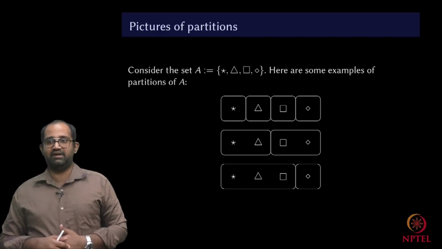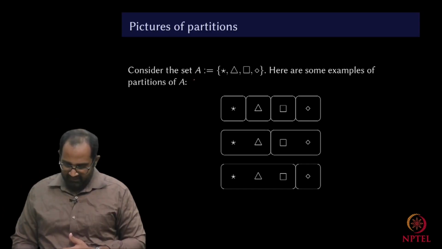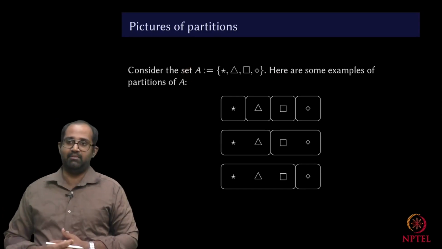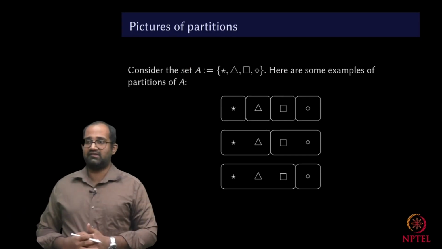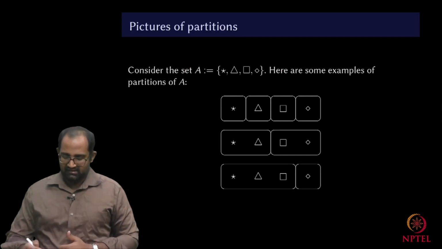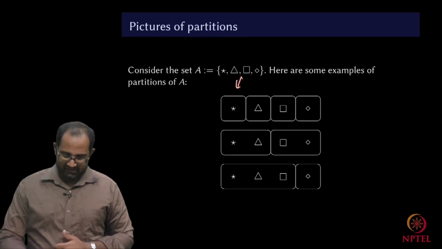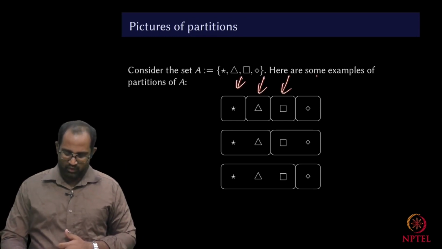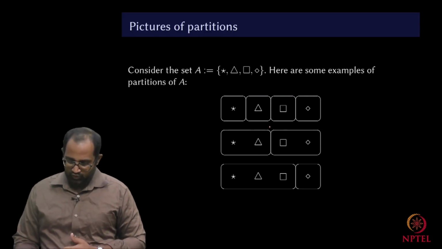The best way to understand it is to see some examples. Let us consider our mother set to be this set of 4 elements: star, triangle, square and diamond. Here are some examples of partitions. Here is a partition of that set into 4 pieces, each piece has exactly one element. In the second example, you are breaking up into 2 pieces.